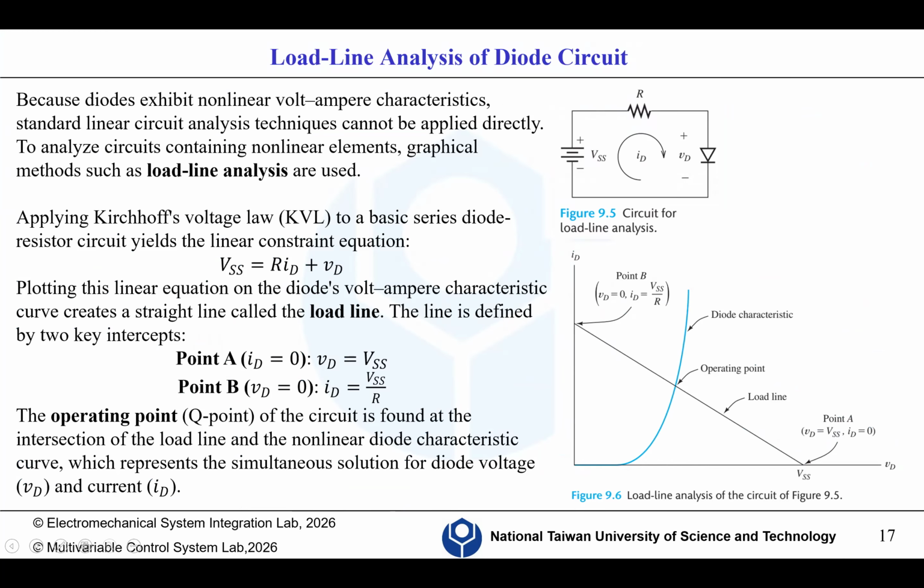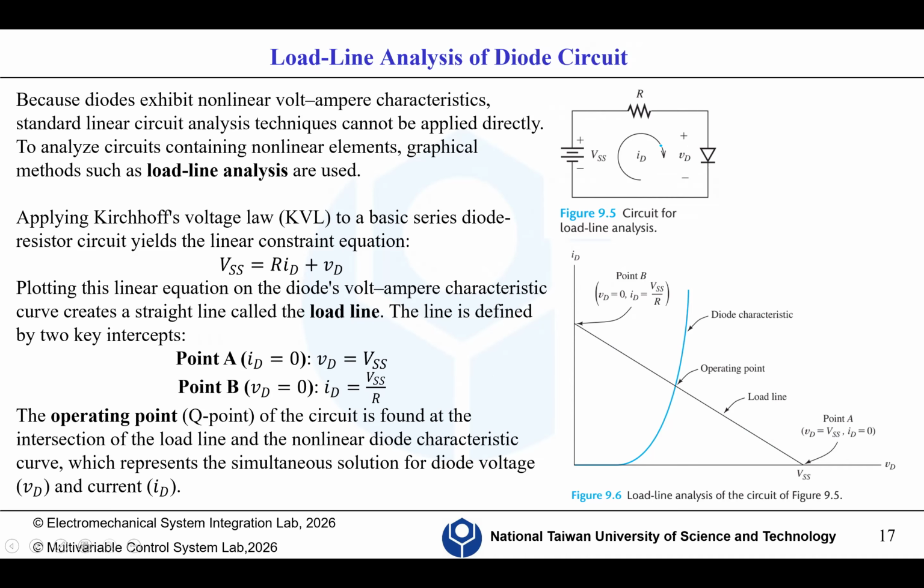In addition, we've introduced the characteristic equation, and it can be obtained either by measuring the voltage and current of a diode, or it can be approximated by a mathematical equation. And here we are introducing the way to analyze the circuit if a diode is in the circuit.